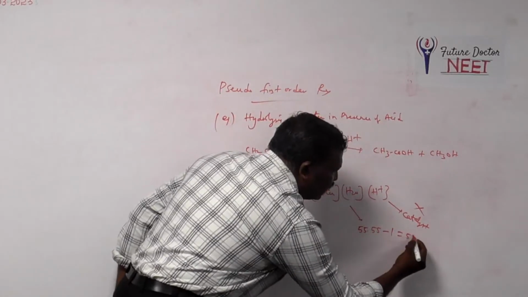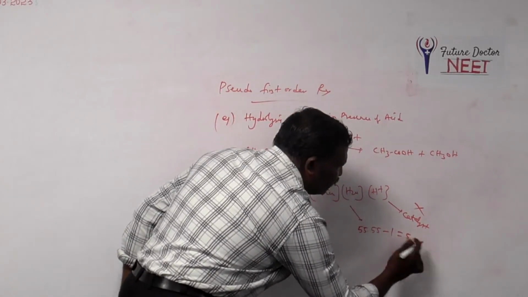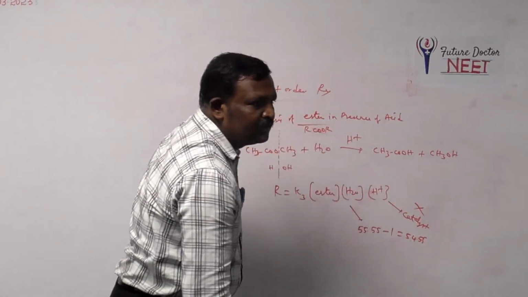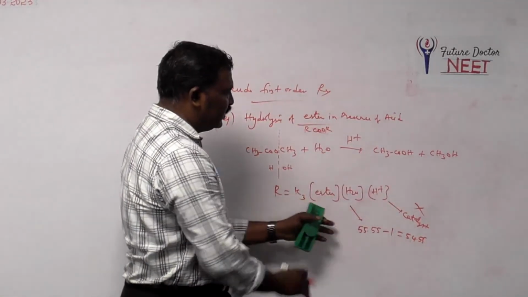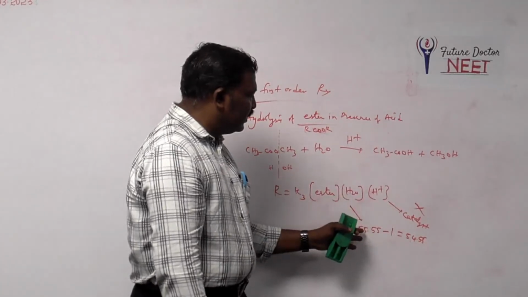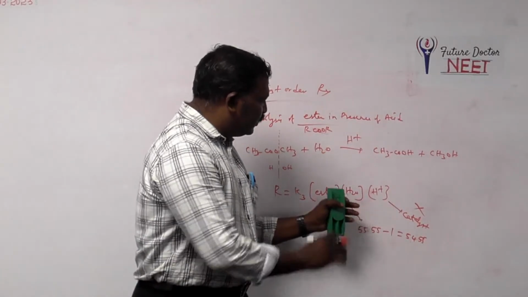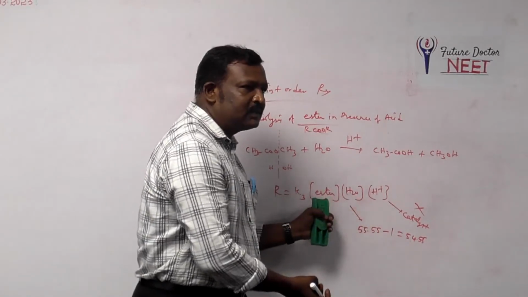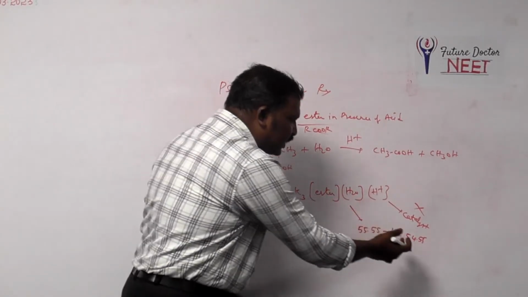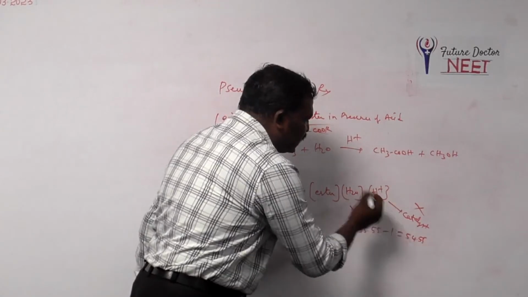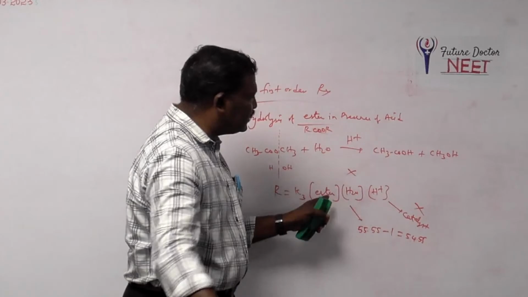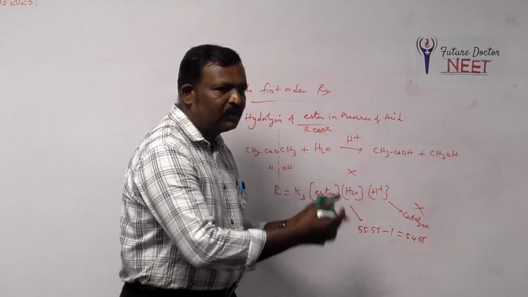Only a few moles of H2O are consumed for hydrolysis, so this also remains in large excess and is not considered. Who is going on changing? Ester. Only the ester is changing.